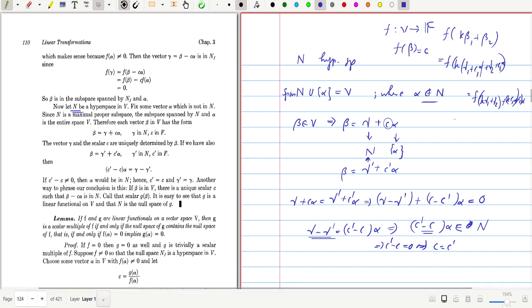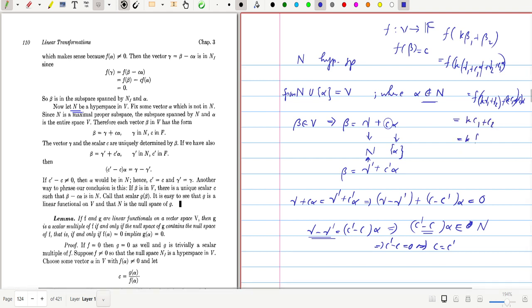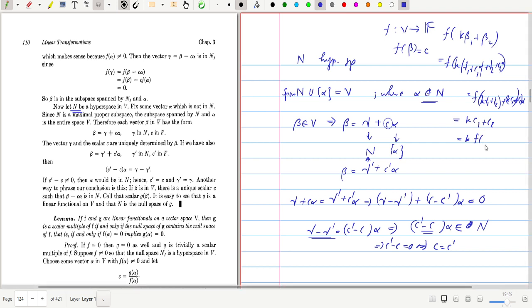So by the definition, this is k times c1 plus c2. This is the same as k times f of beta 1 plus f of beta 2. So this shows that this f is a linear transformation.